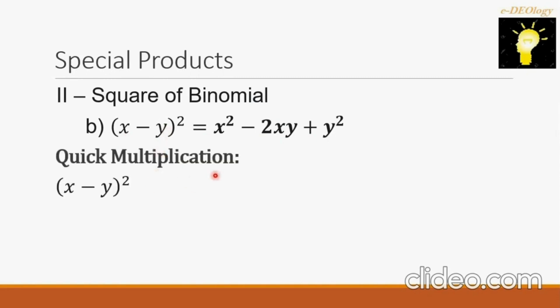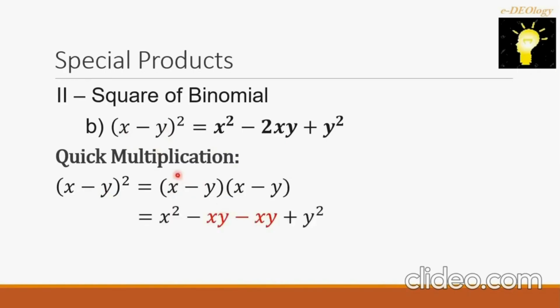So let us have a quick multiplication to verify our product here. So the x minus y all raised to 2, we can show that this is x minus y times x minus y. Then we will do the long method of multiplication. We distribute one term to the other terms. So you see here x times x will give us x squared. X times negative y is negative xy.